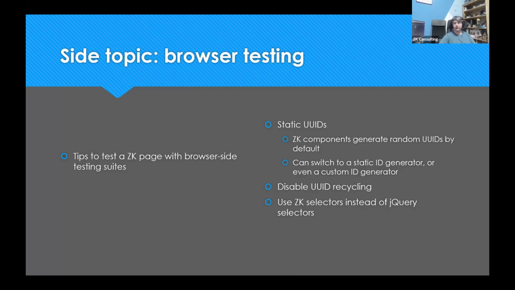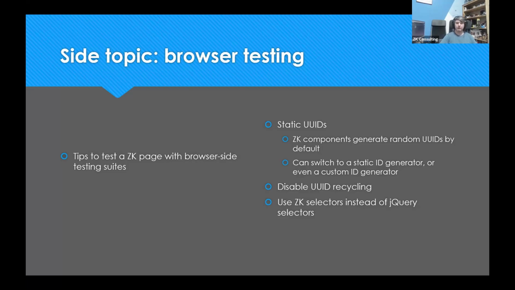The other option is to implement your own. You can set your own ID generator class, put it into your zk.xml in the proper configuration block, and just generate your own IDs. Maybe you have an attribute that you know about your component, and you want to put that into the ID to be able to select from it. As long as you don't create any duplicated UUID at client side, you will be fine. The other thing you can do is disable UUID recycling.